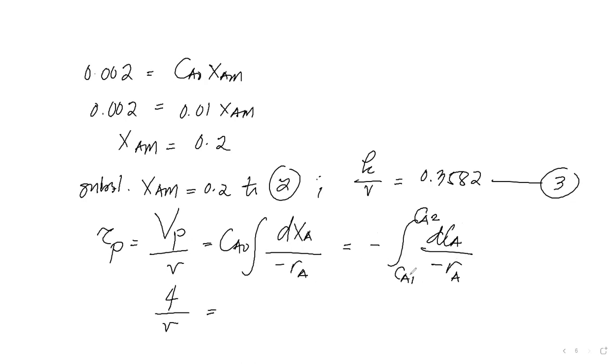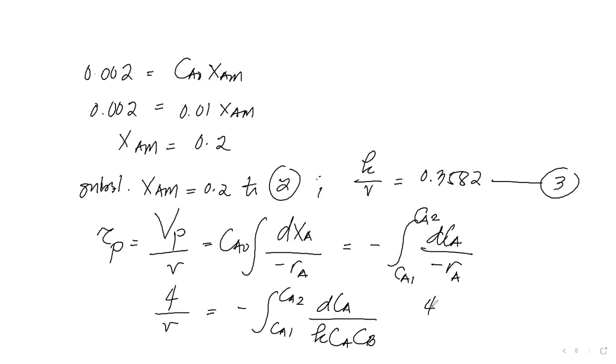And I would like to use this one. You have negative integral from CA1 to CA2 of dCA, and I'd like to write the rate law here, K CA CB. Now I can transfer the K here.